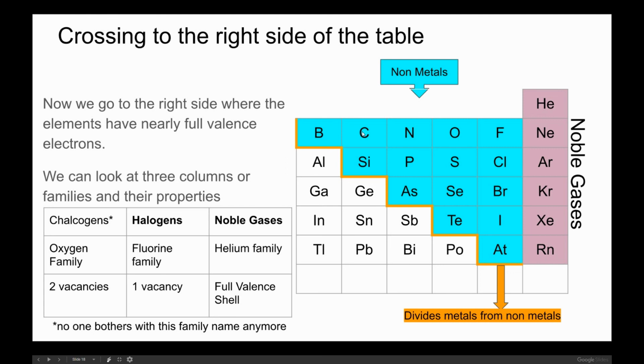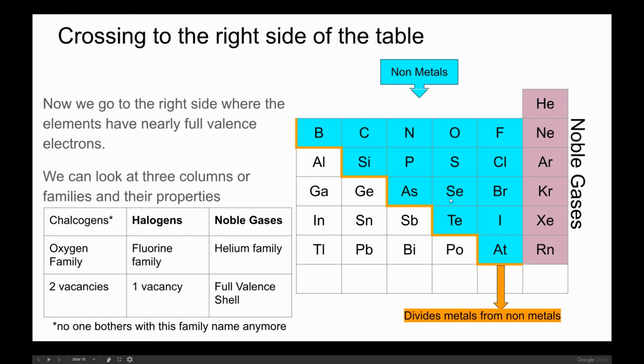Carbon is definitely not a metal, but it conducts electricity in a certain direction almost as well as a metal. We see that this transition is not super sharp. So the ones tucked along the line are called metalloids, and the primary ones in your world, silicon and germanium, are in a lot of our electronics.